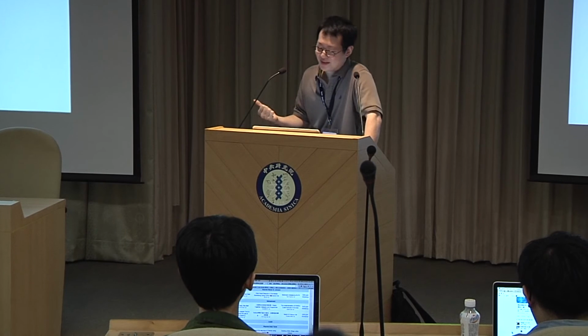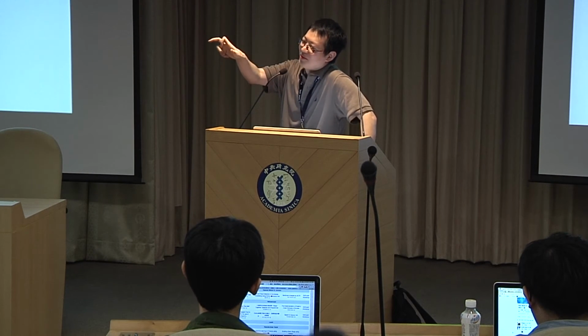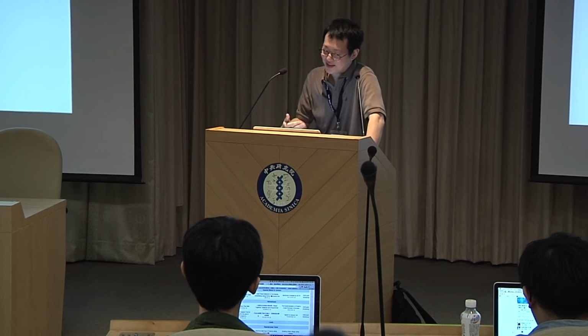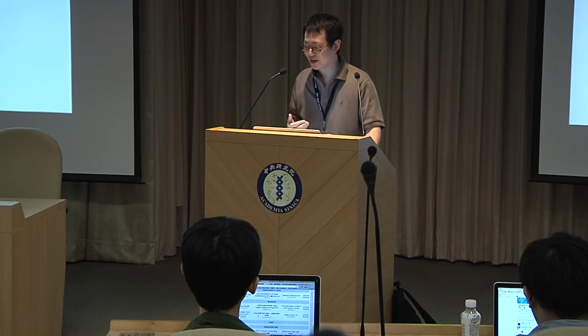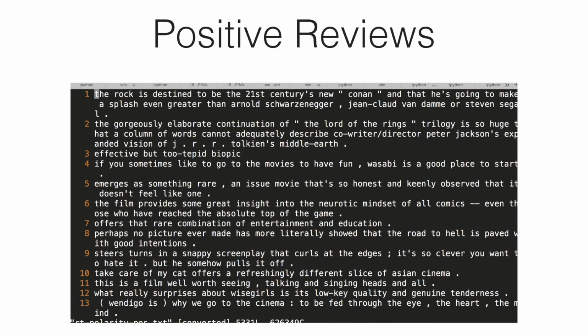Other people have already labeled whether each review is good or negative, so this is very easy to start with. This is the positive part. That file contains 5,000 sentences, and every sentence is positive.